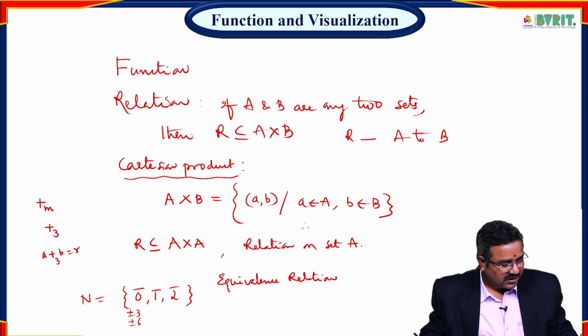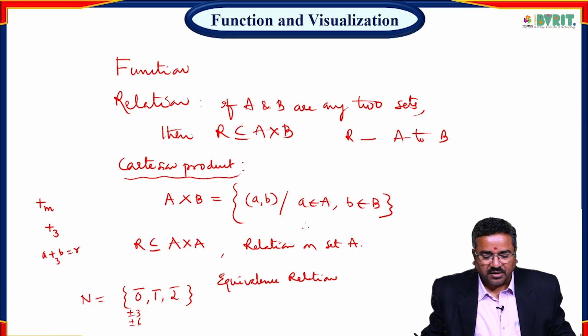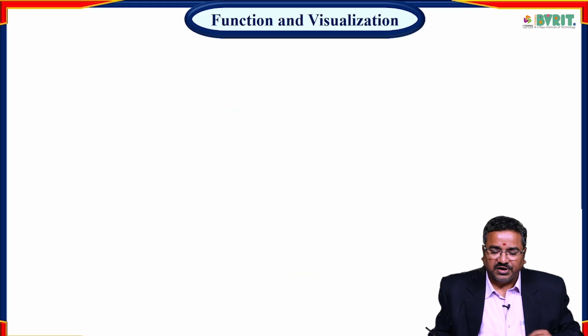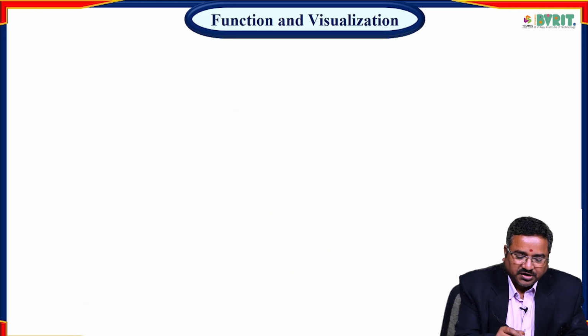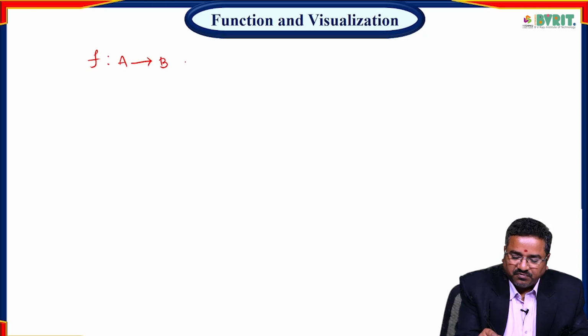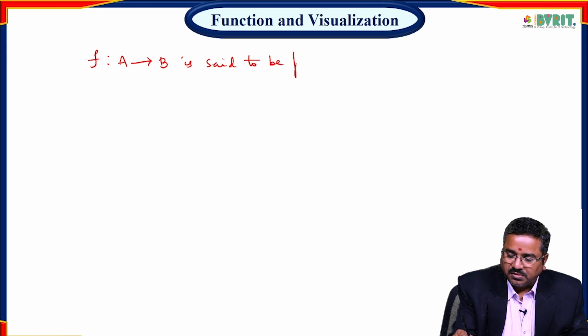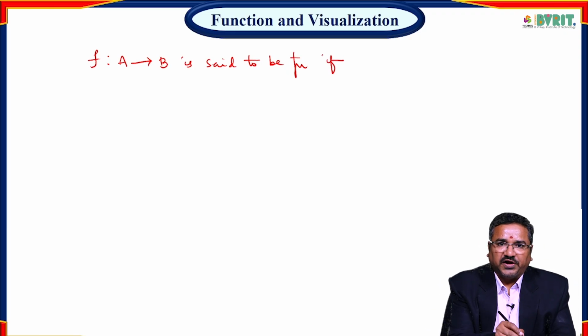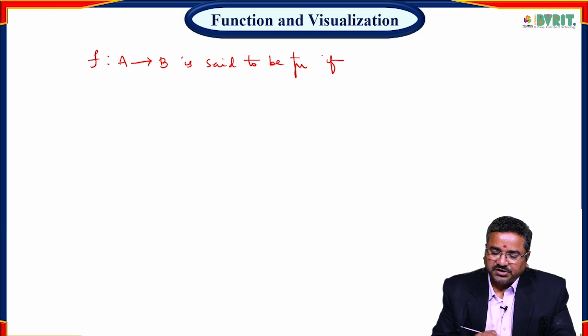Okay, hope this equivalence class is clear, but we are in the process of defining the function. Now we have defined the relation. Once we define the relation, we can define the function. Suppose f from A to B is said to be a function if, first, there is a relation from A to B. After that, what is the condition?